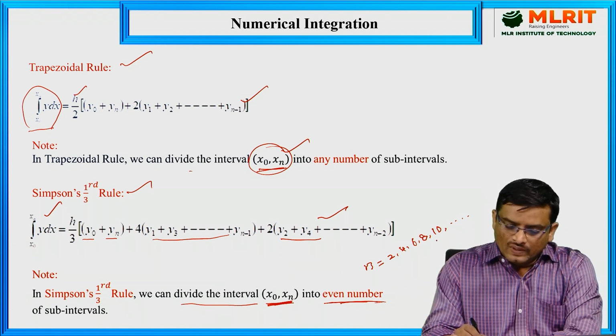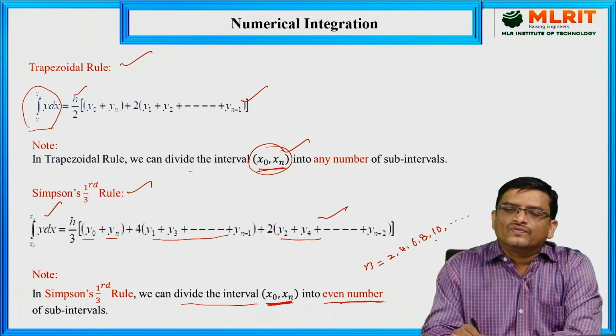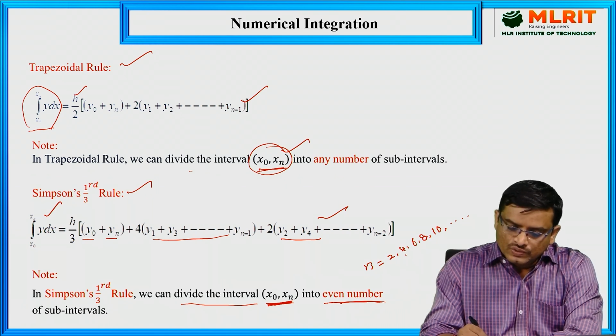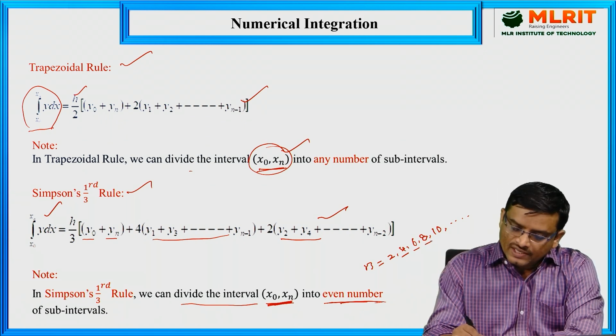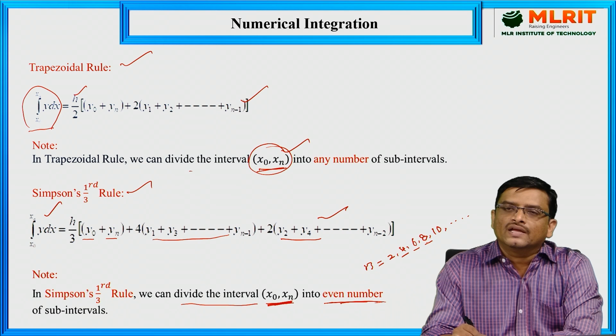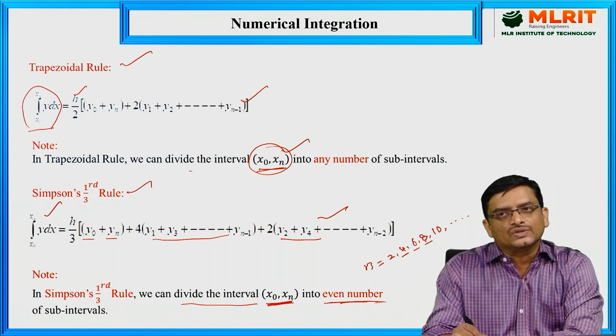Whatever large value of n we consider, we will get a more accurate value compared to the previous one. Suppose one student has taken n equal to 4, another student has taken n equal to 6, and the third student has taken more subintervals than the remaining students.